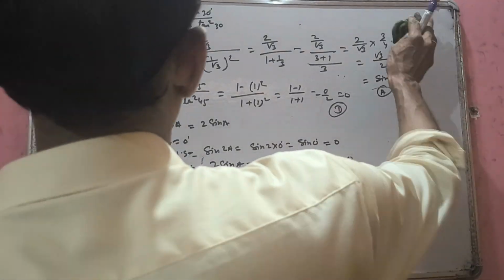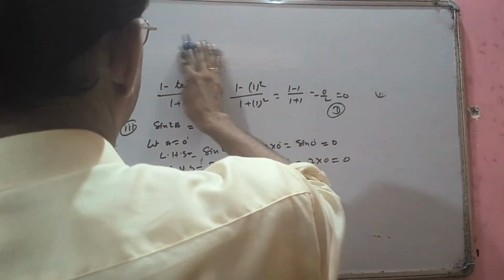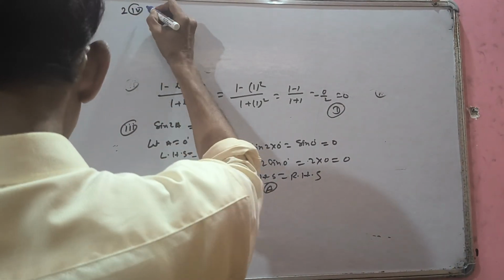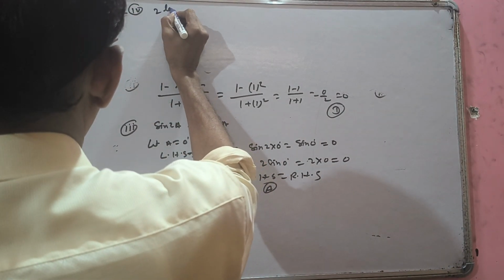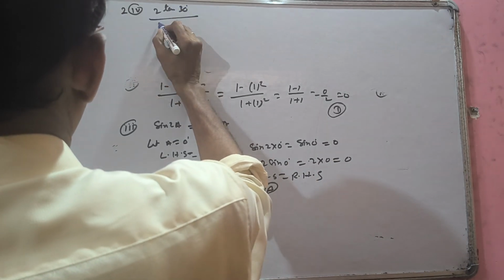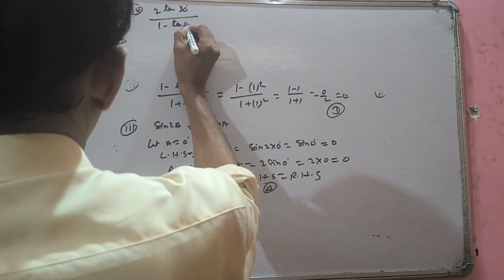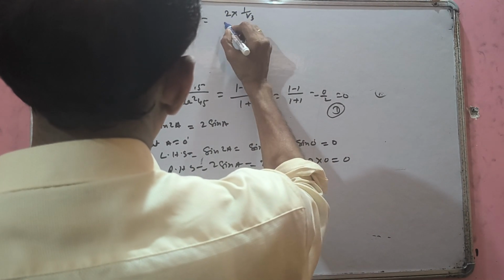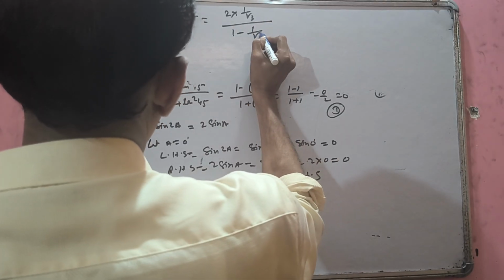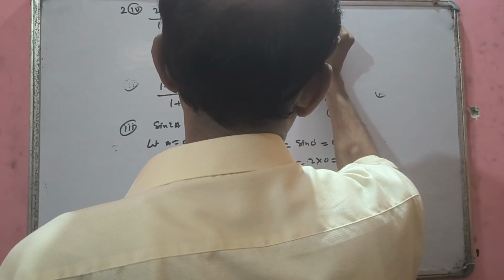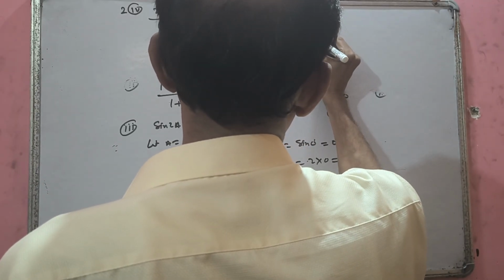Okay, number 4 now. 2 tan 30 degree by 1 minus tan square 30 degree. So 2 into 1 by root 3 by 1 minus 1 by root 3. So what will we get? 2 by root 3 by root 3 is the LCM.